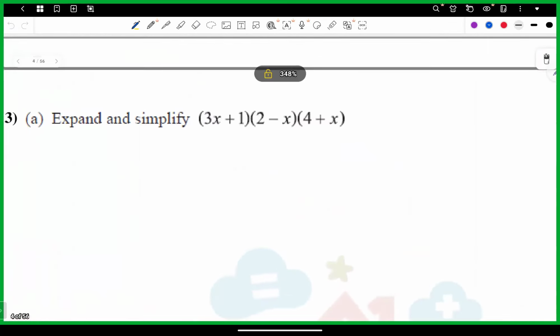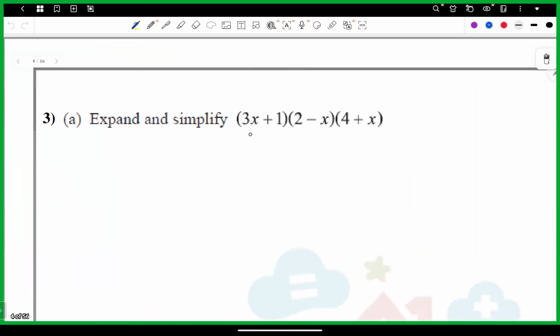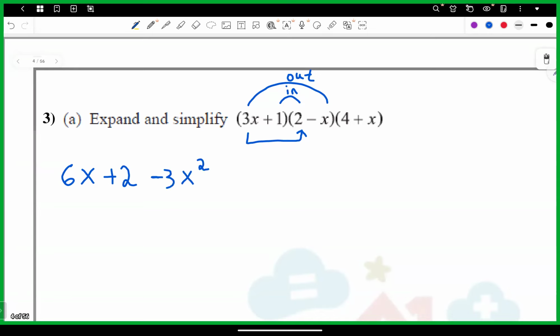I have the triple bracket like this. I need to multiply 3x by 2 equals 6x, and then in by in and out by out, like this. 1 by 2 is 2, 3x by x equals minus 3x squared, and then 1 by minus x equals minus x.